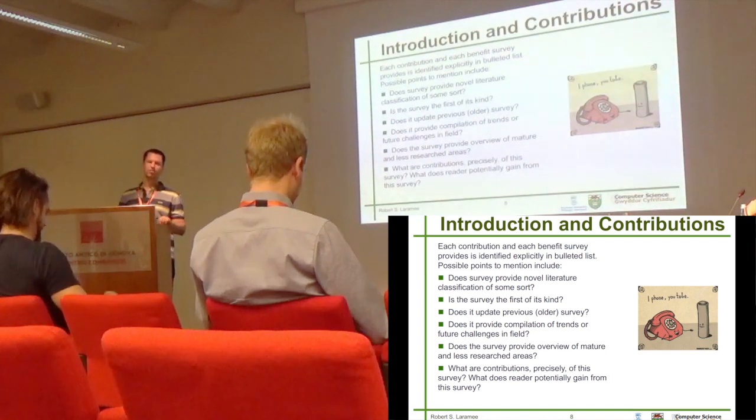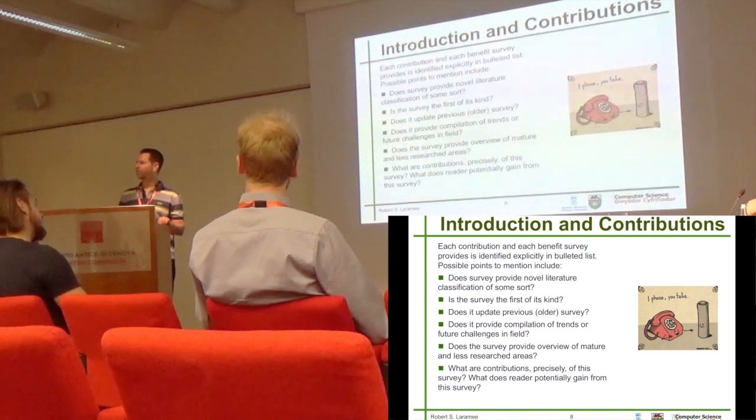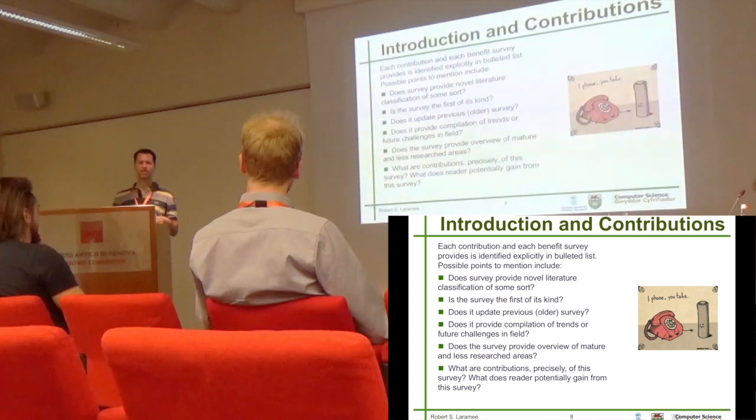It can also update an older survey, so if there's a survey on your topic that's 10 years old, it's great to update it. Does it provide some list or guidance on future trends or unsolved problems or challenges in the field? That's a nice contribution. Does it identify mature areas of research and areas that are less explored?